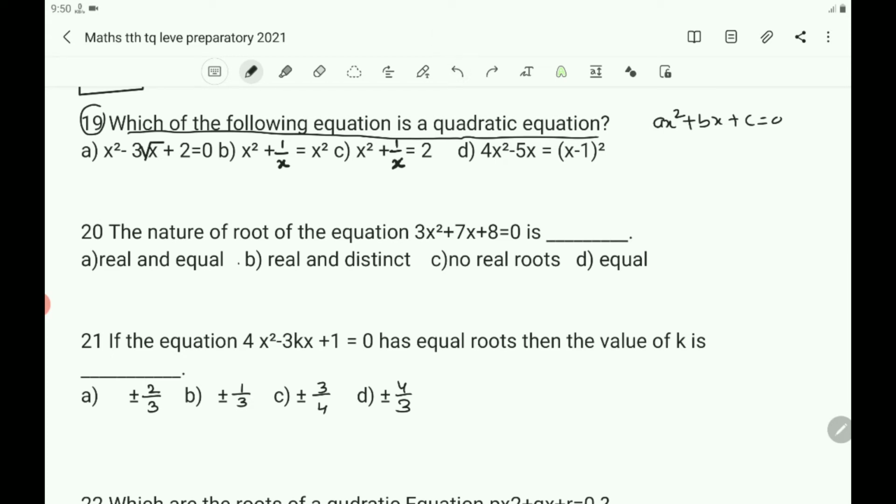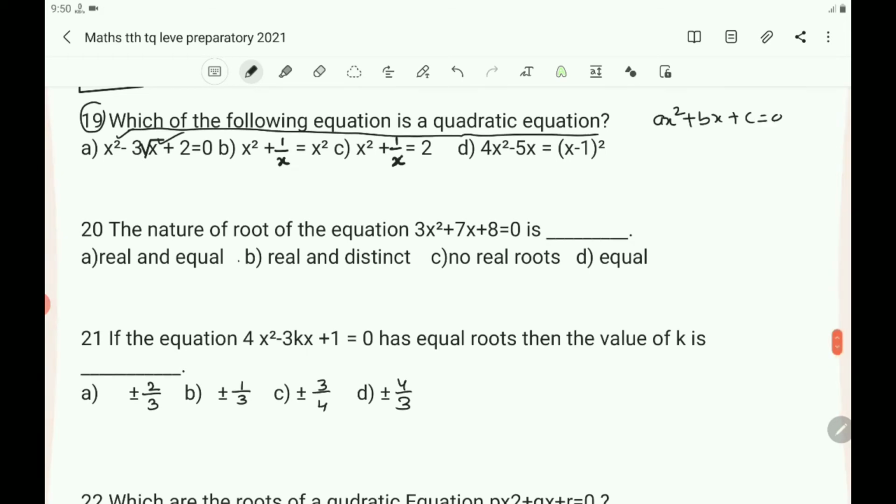Now let us verify one by one. Here ax square is there, but in the place of x, root x is there. So it is not a quadratic equation. The power must be a positive integer. Here there is a fraction. Root x is nothing but x power 1 by 2. Therefore, it is not a quadratic equation.